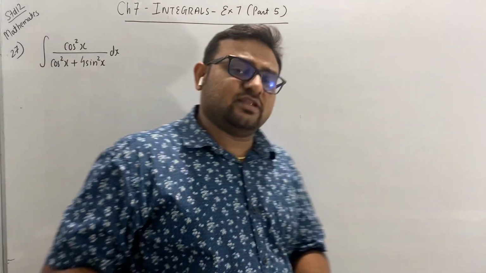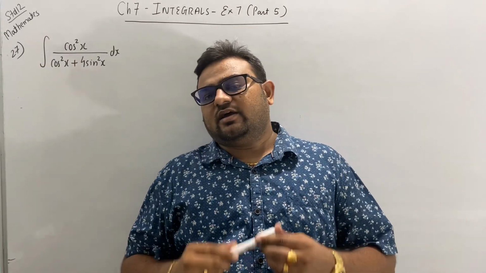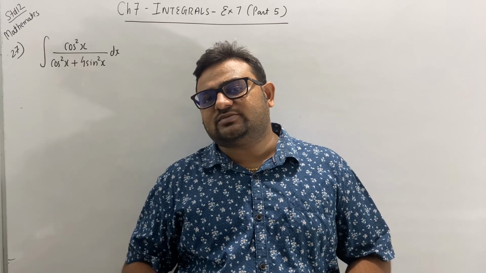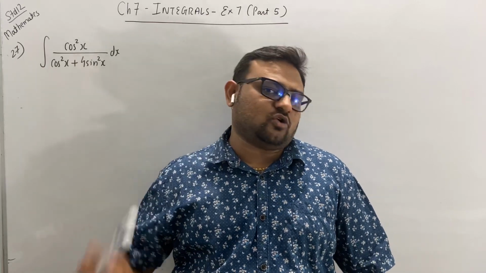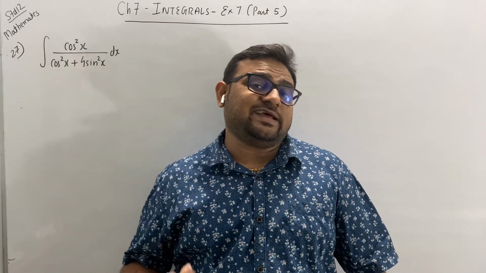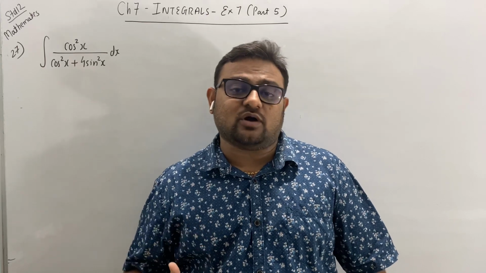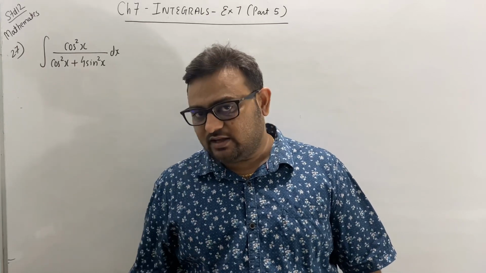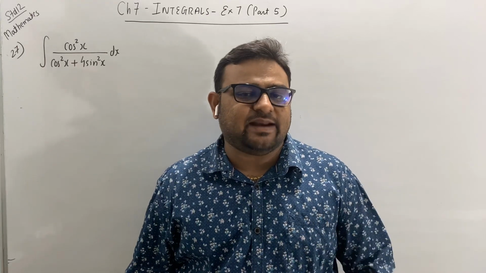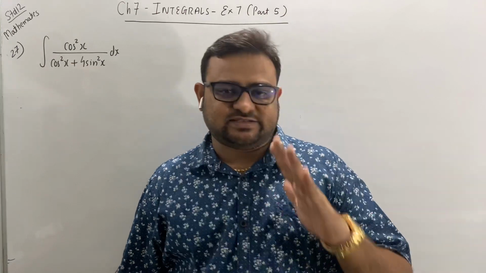See, again, it's similar. In the denominator, the terms are sine square and cos square. So what was our technique? Try to convert it into tan square. So what I will do? Divide by cos square x.